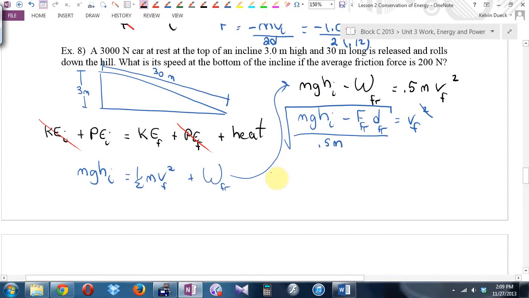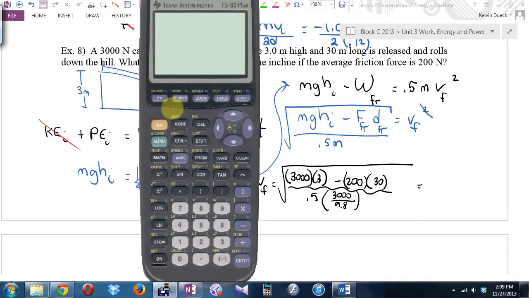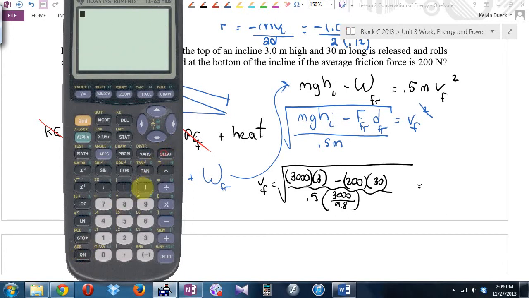Final velocity is going to be mg is 3,000. H is 3 minus 200 times 30, over 0.5, and it's 3,000 over 9.8. I think the first thing I'm going to do is 3,000 divided by 9.8.